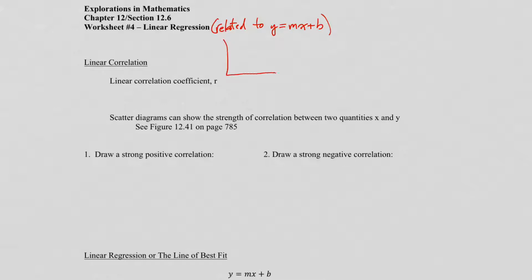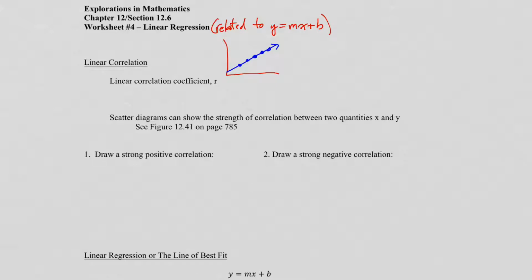So when things were perfect, we had points that lined up perfectly, and we could do y equals mx plus b to calculate slope and y-intercept, things like that.